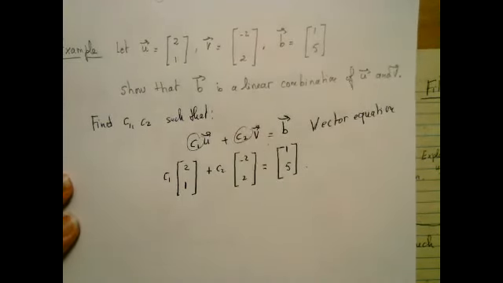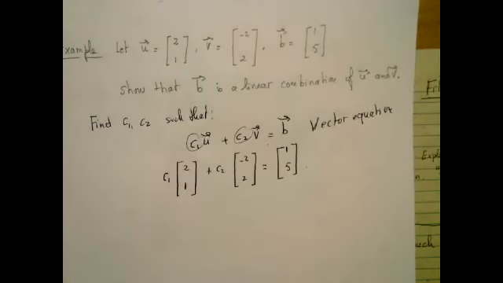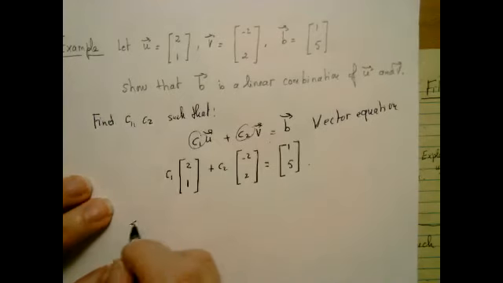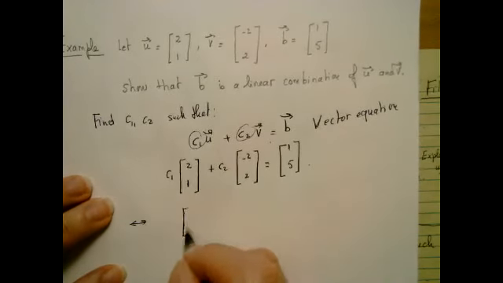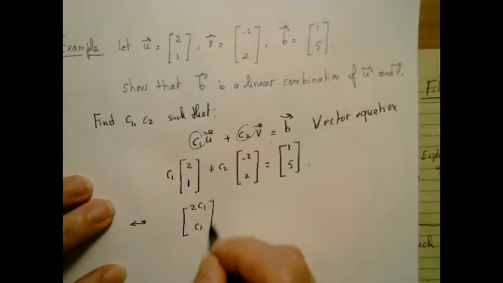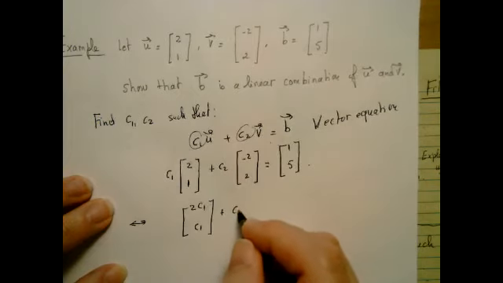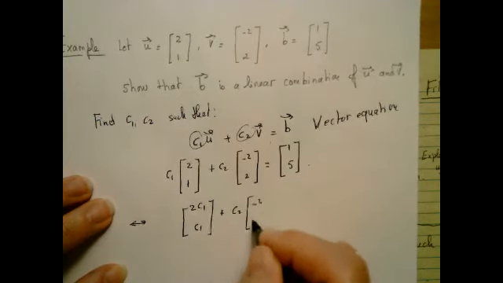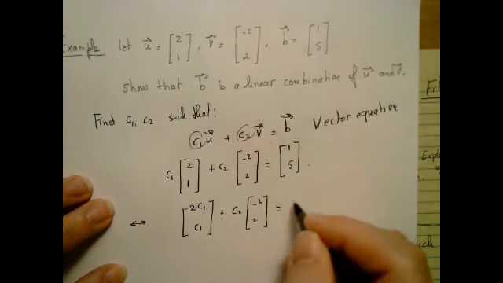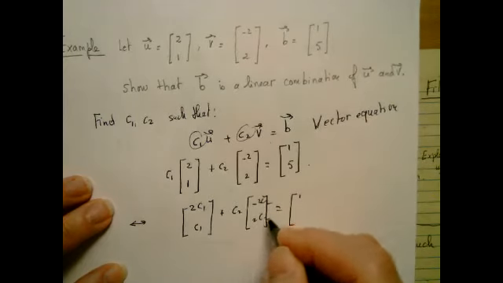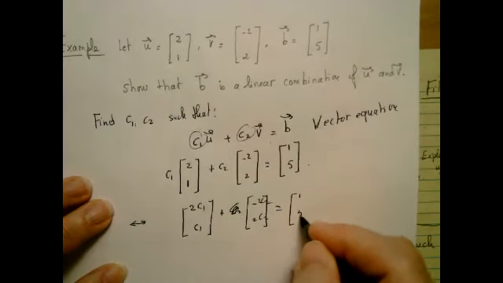So what does it mean to multiply vectors by a scalar? It means that 2C1, C1, so the coefficients of C1 are the entries of u, and this one, minus C2 and C2, equals (1, 5).